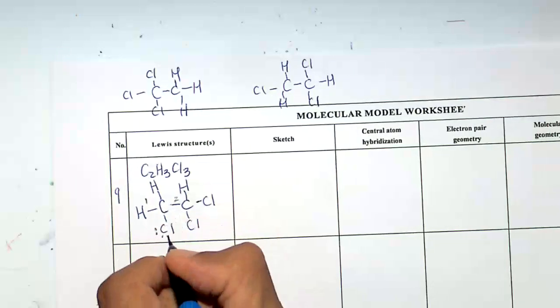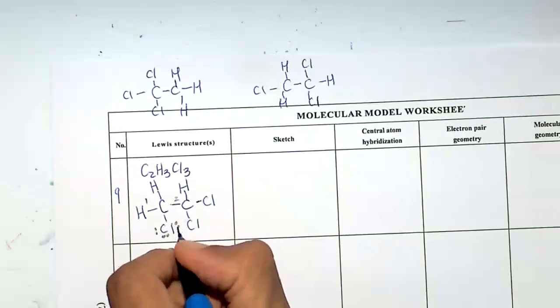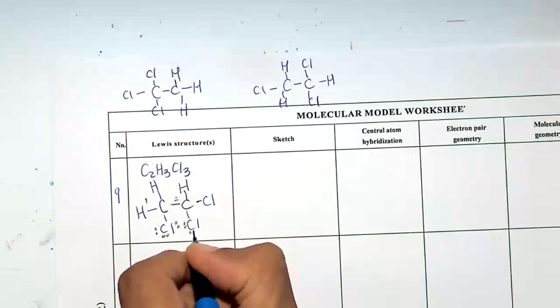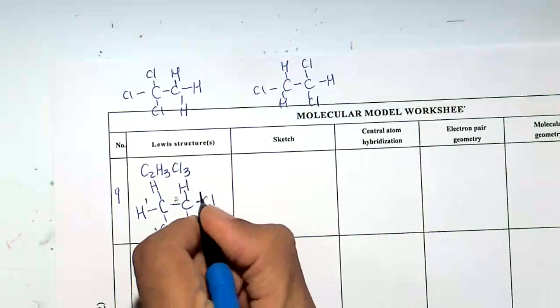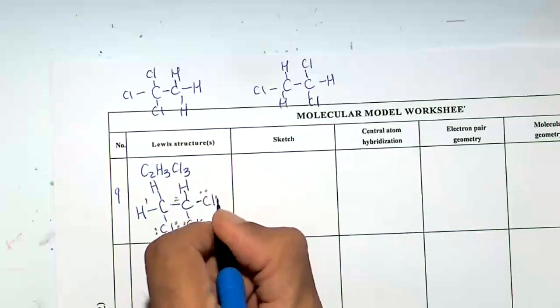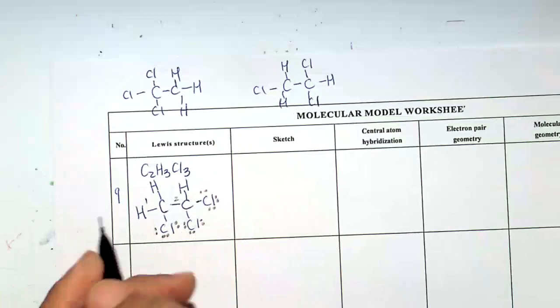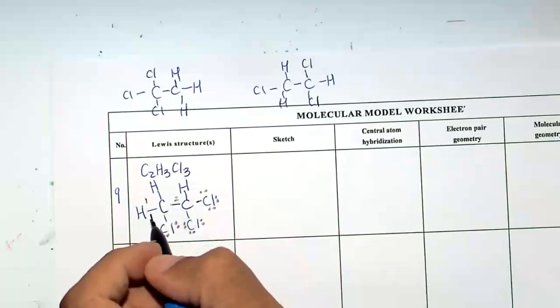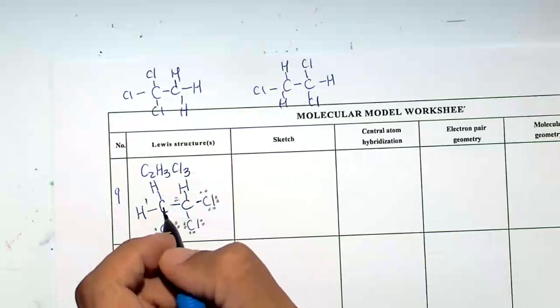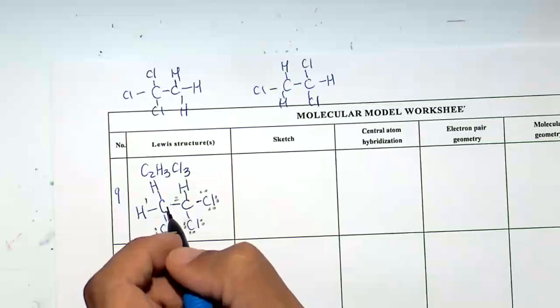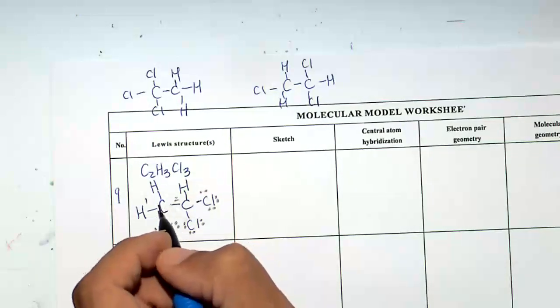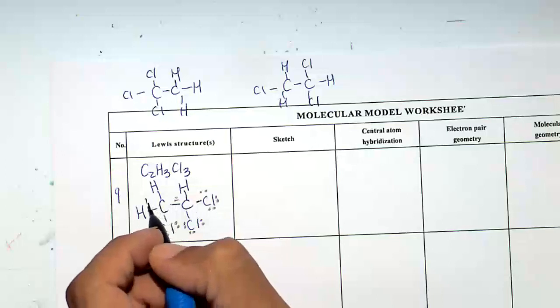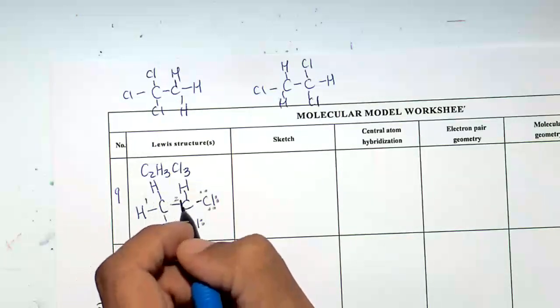And what about the second carbon? I'm talking about this carbon here. How many bonding and how many lone pairs? 4 and 0.